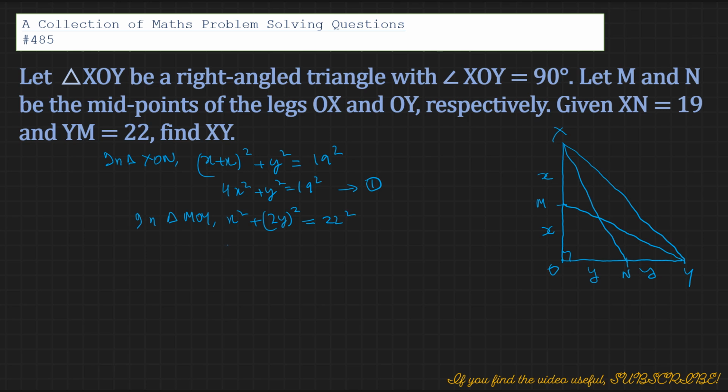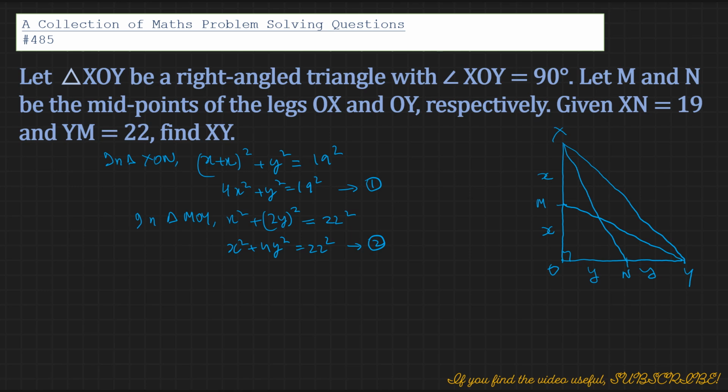So x square plus 4y square is 22 square, and that is equation 2. So you see, we can find the value of x square or y square and substitute one for the other.